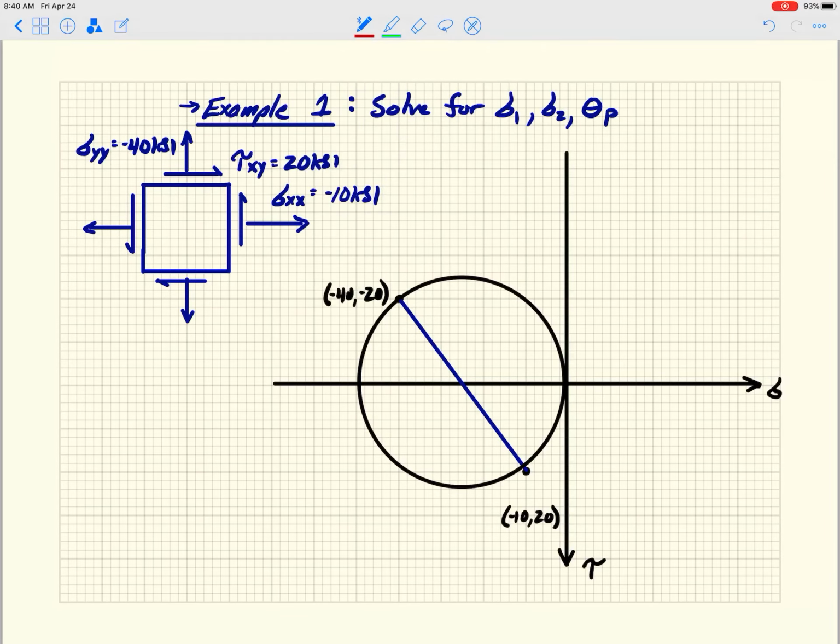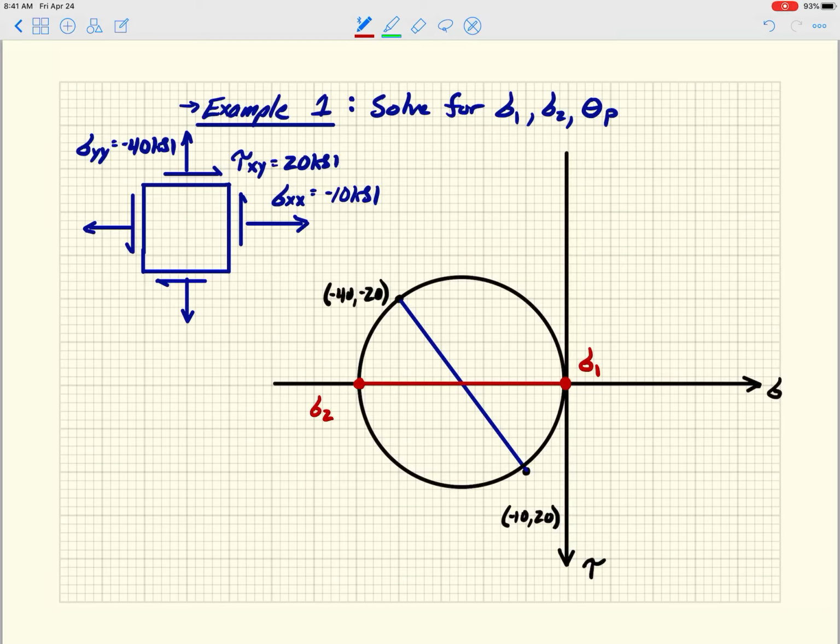And then we can say that the principal axes are right here. They are always horizontal. That makes this point sigma 2, which is the minimum in an absolute sense. So this is negative, so that's a minimum. And this point here is sigma 1.